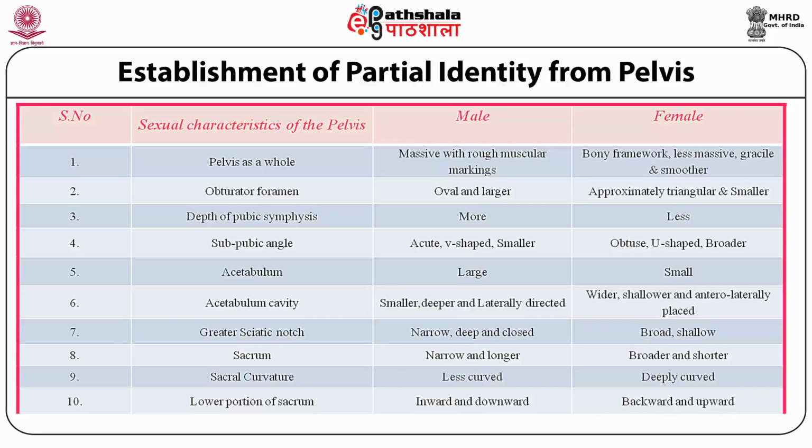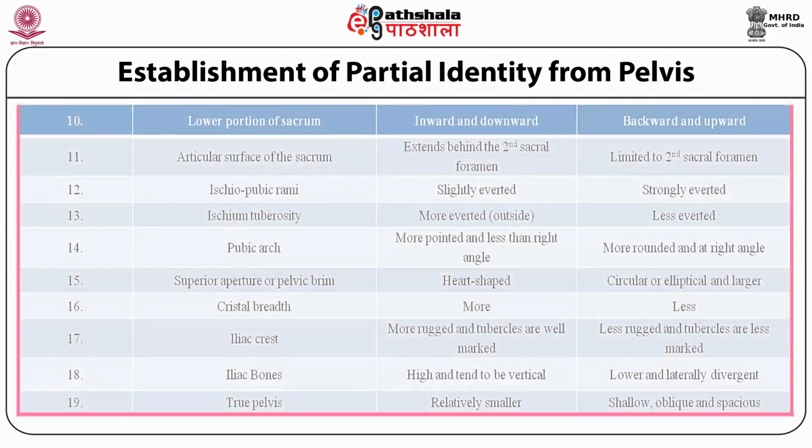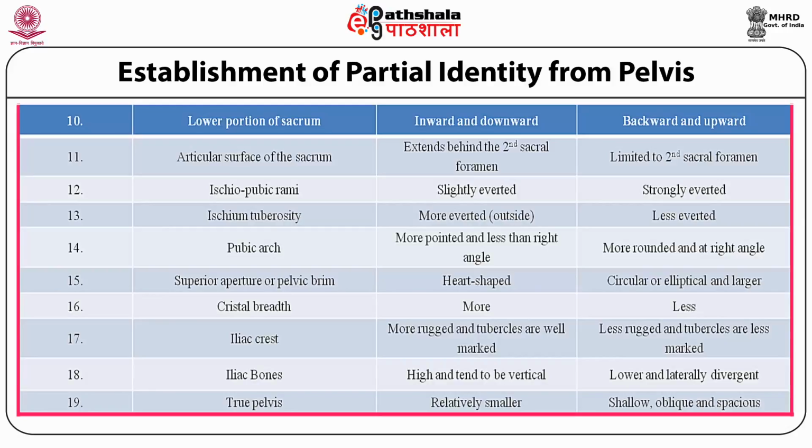This is inward and downward in males and backward and upward in females. The articular surface of the sacrum extends behind the second sacral foramen. In females, it is limited to the second sacral foramen.